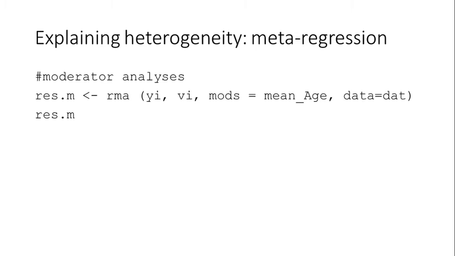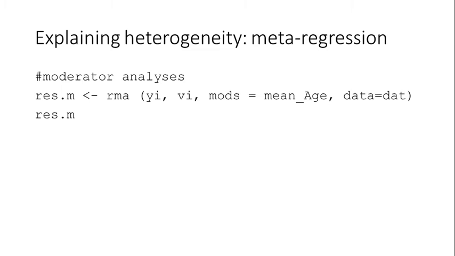So this, you're basically running your meta-analysis again, maybe calling it something different, but you've added in a moderator. So in this case, I've looked at mean age. I haven't actually put in any output from this, I've realised, because I wasn't sure whether we'd get to it or not.